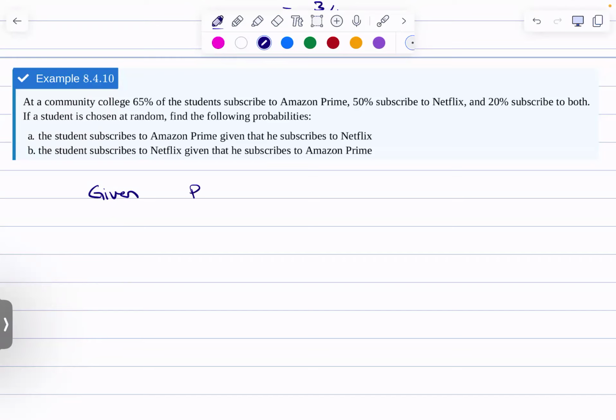Focusing on this given, which means you're going to write P given N. Arguably the hardest part, right, of taking this problem and figuring out what you need to solve for. Because from here, the probability of P given N is the probability of P and N divided by the probability of N.